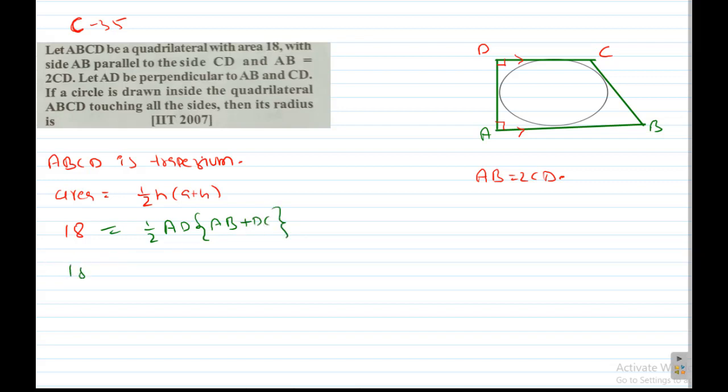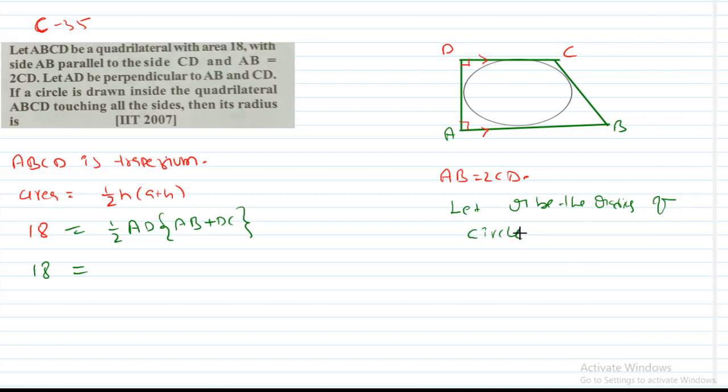One more step here: let small r be the radius of the circle. The interesting thing is AD becomes 2r, the diameter only.